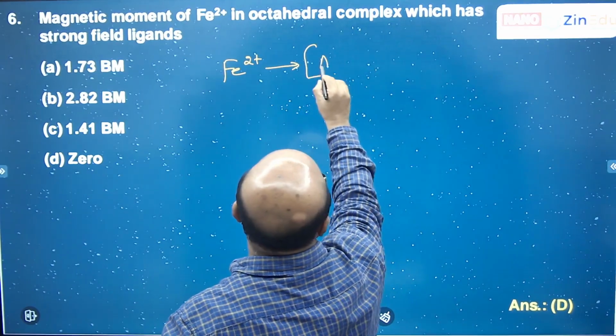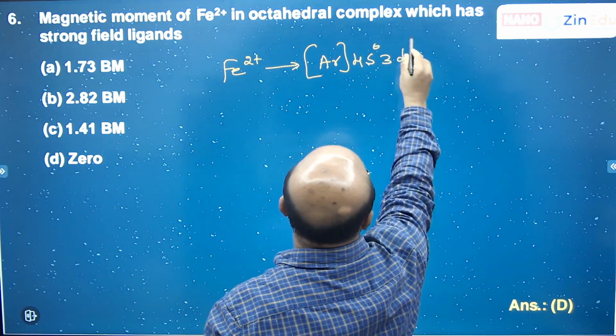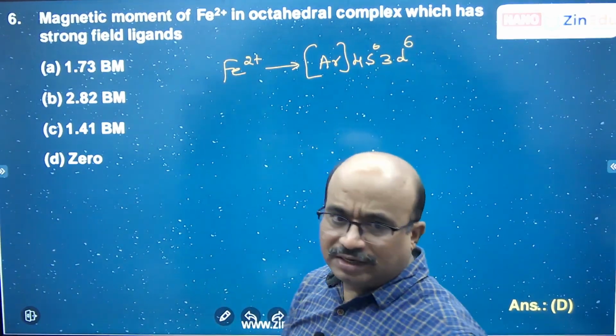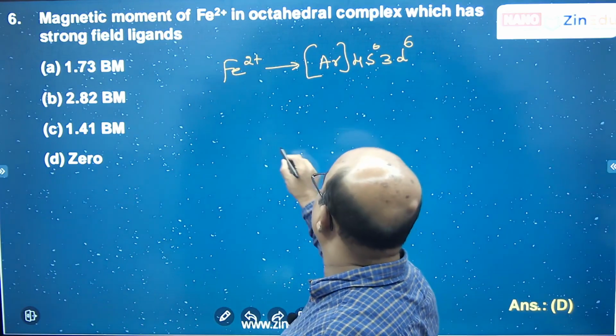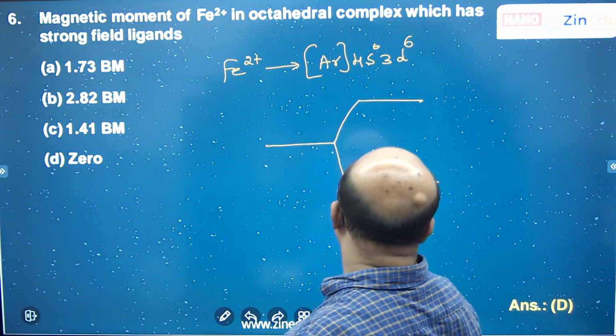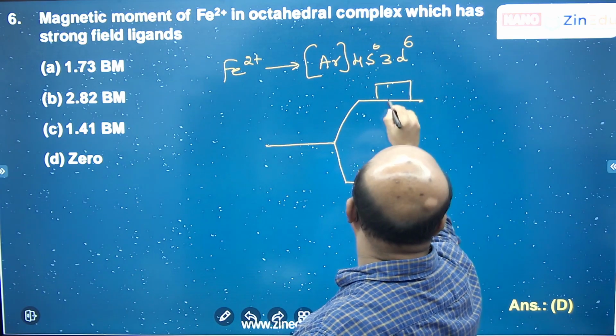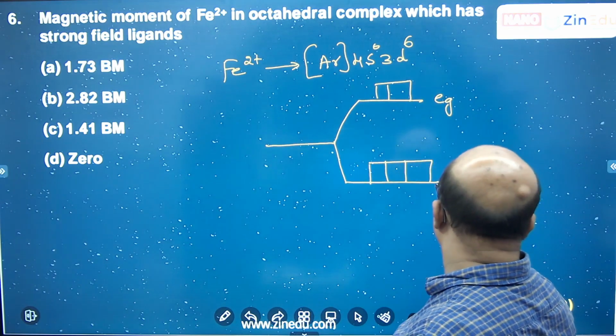Argon 4s0 3d6. So when there is a d6 configuration, the 5 d orbitals which are splitting in octahedral complexes as t2g and eg. So eg orbitals and t2g orbitals.